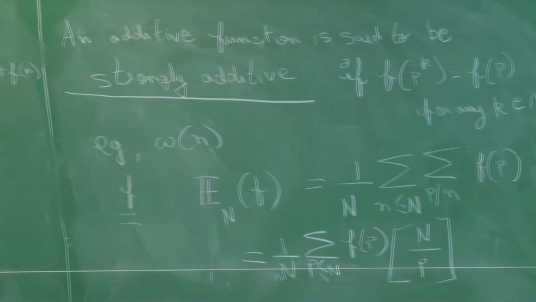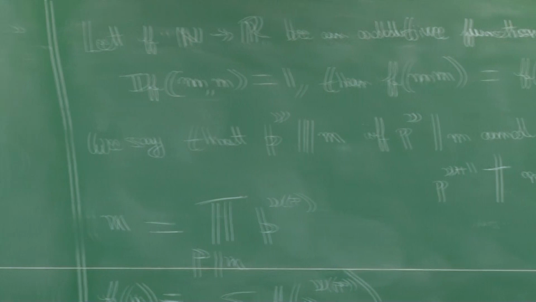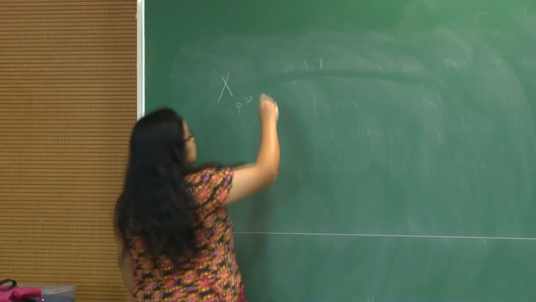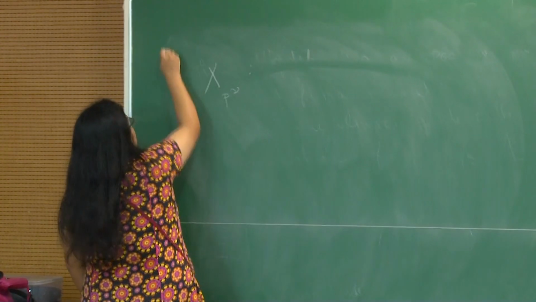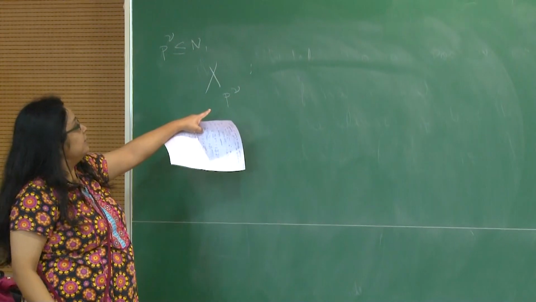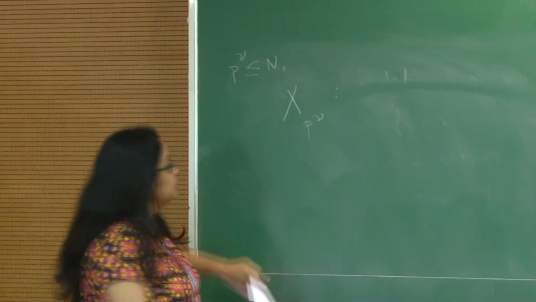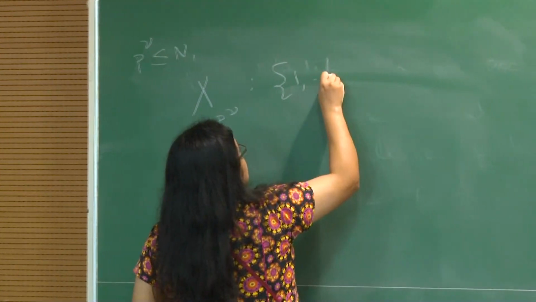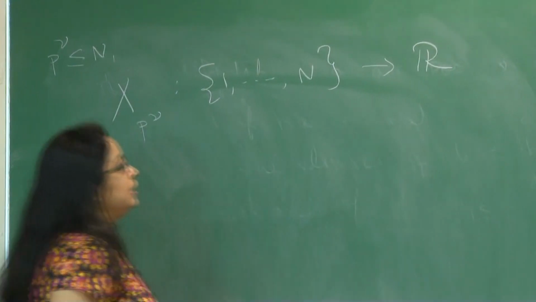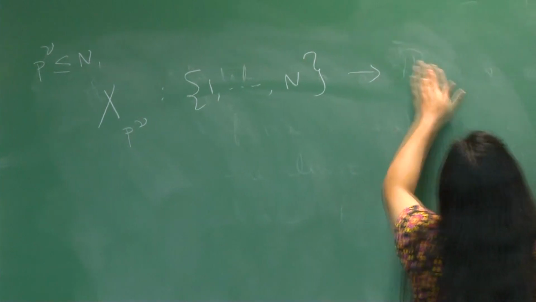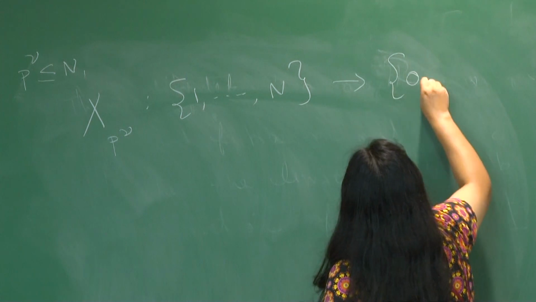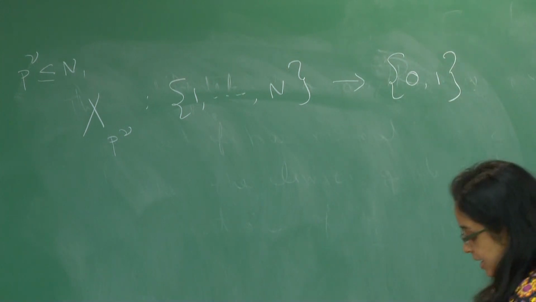Let us define the following random variable, corresponding to any prime power which is less than or equal to some capital N. Define a random variable corresponding to this from the set of natural numbers up till N to the reals. In fact, not just the reals, this will be a Bernoulli random variable. So, it will only take the values 0 and 1, as follows.